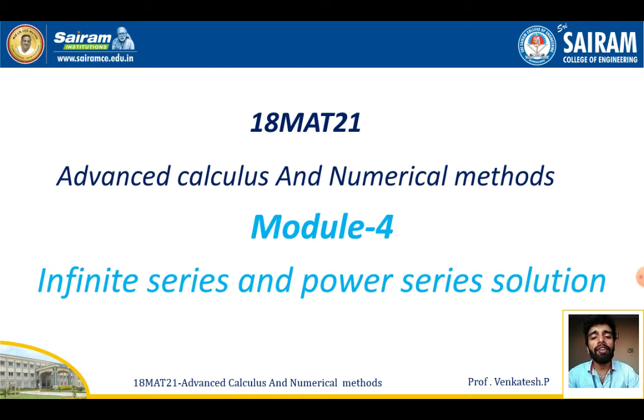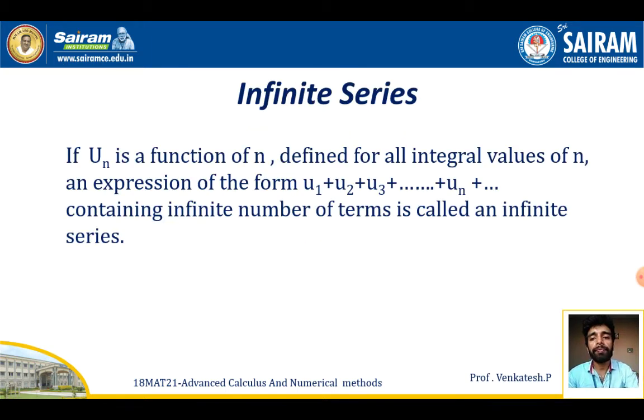So first we will define what is infinite series. If un is a function of n defined for all the integral values of n, an expression of the form u1 plus u2 plus u3 plus and so on plus un plus and so on till infinity, containing an infinite number of terms, is called an infinite series.